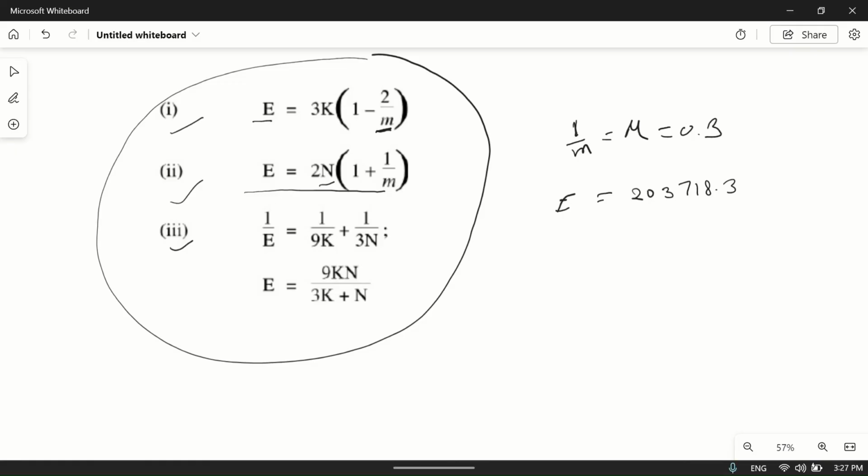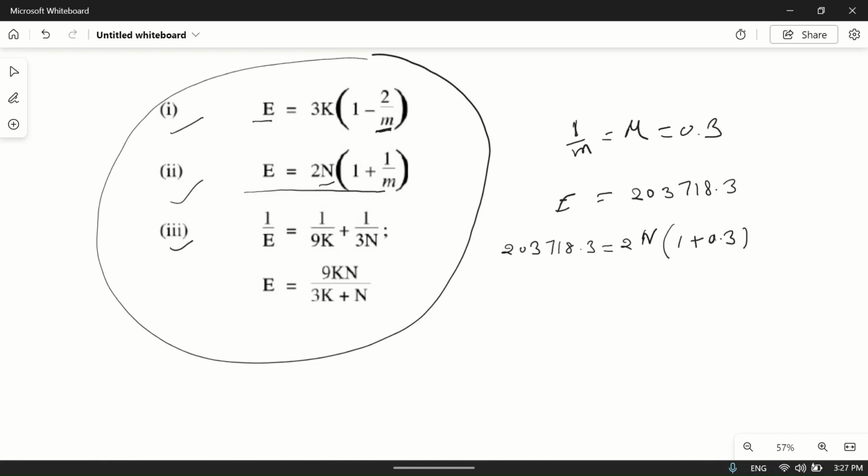From here we can see that E is equal to 2n into 1 plus 1 by m. Here 1 by m is Poisson ratio, so 203718.3 is equal to 2 into n into 1 plus 0.3.